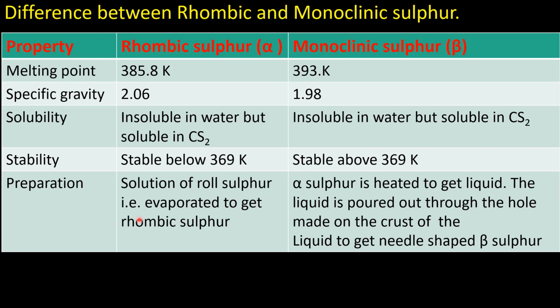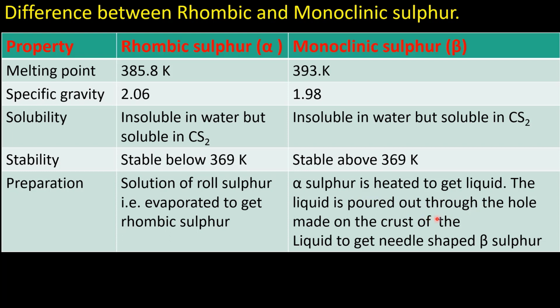Then how do we prepare them? Rhombic sulfur is prepared from a solution of roll sulfur. When the solution of roll sulfur is evaporated, we get rhombic sulfur. Then how do we prepare monoclinic sulfur? Alpha sulfur, that is rhombic sulfur, is heated to get liquid.